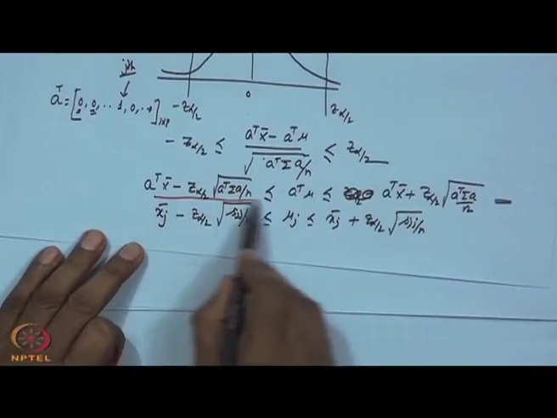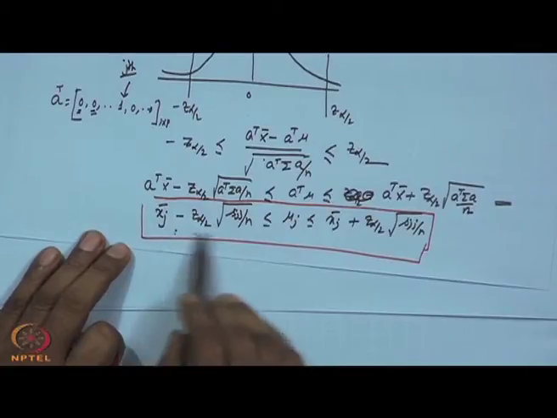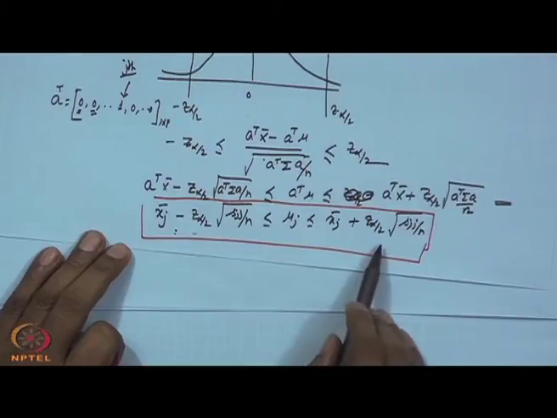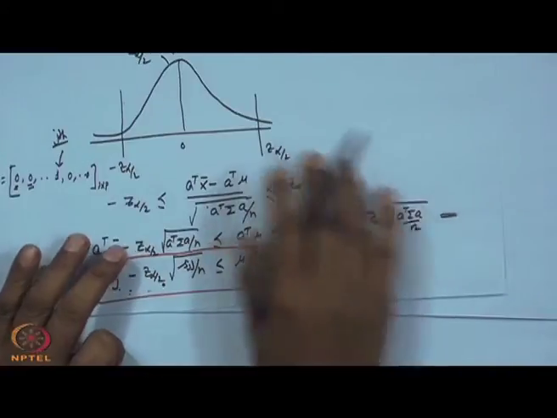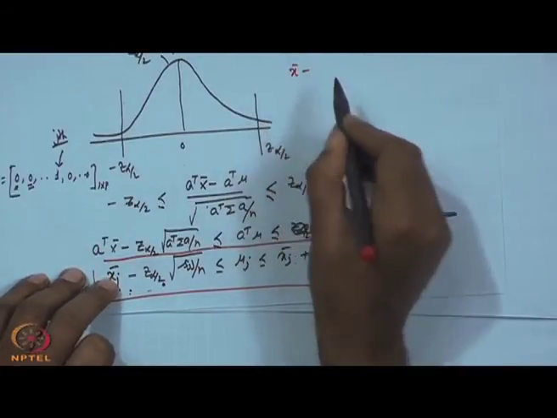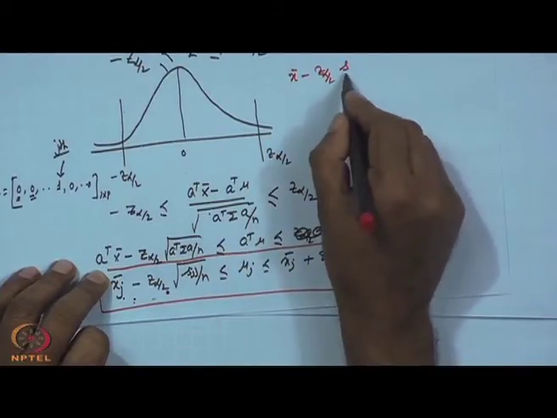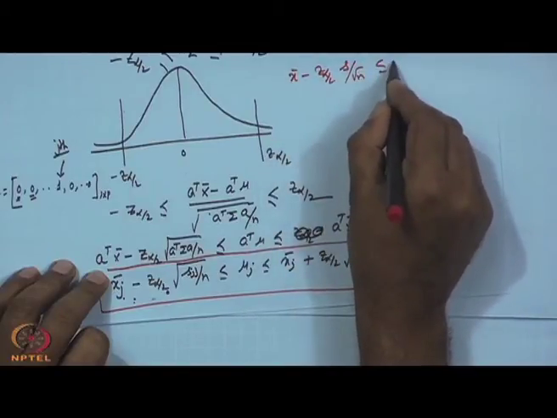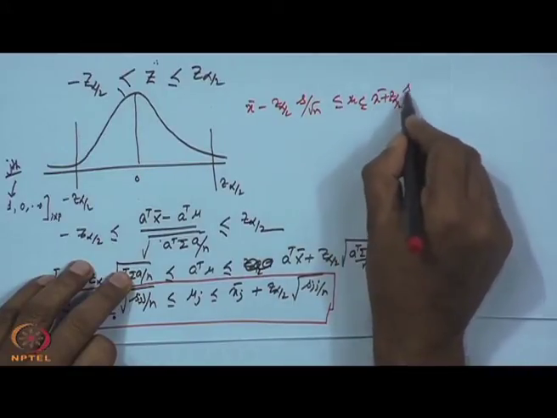Are you getting me? But there is a problem. What is the problem? If you see this equation, it is just like a univariate confidence interval, because we have taken j only. If I do not write j, the way we have defined in the univariate case, we have written x bar minus z alpha by 2 s by root n, less than or equal to mu, less than or equal to x bar plus z alpha by 2 s by root n.